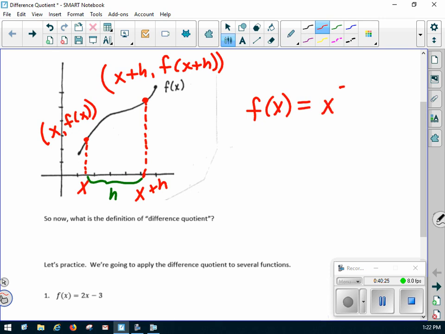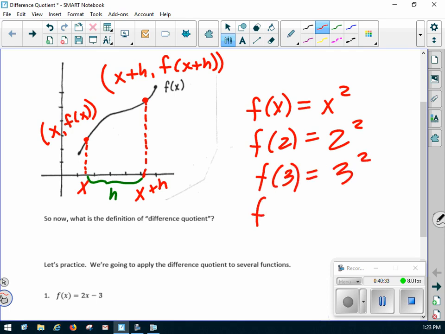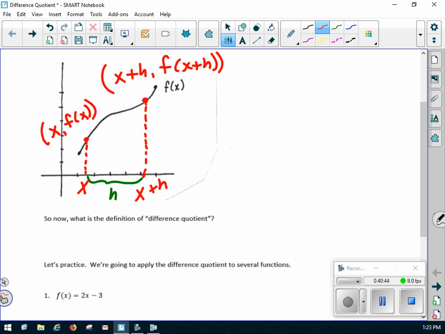If f of x equals x squared, then f of 2 would be 2 squared, and f of 3 would be 3 squared, and f of x would be x squared, right? So this is just the y value. And for this point, if I put in x plus h, then I get f of x plus h.